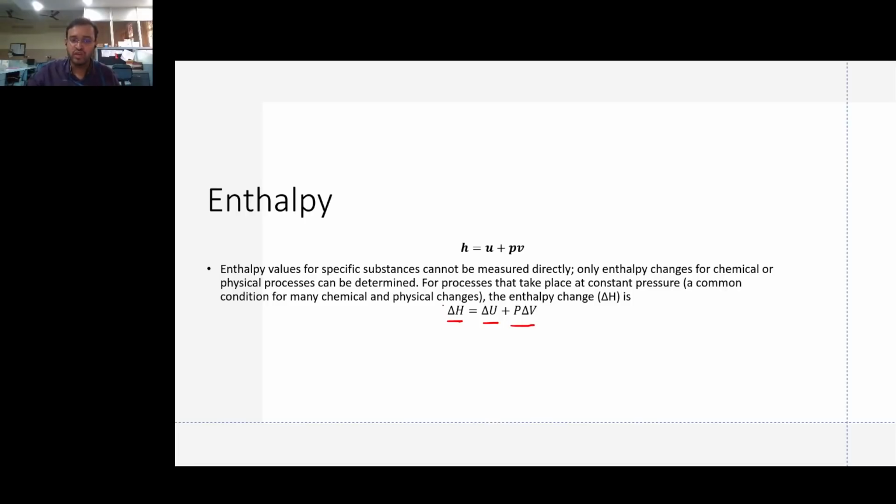Okay, so we utilize this form or another form of this equation, dH is equal to dU plus PdV, and you can recognize this term as the work done in the process.